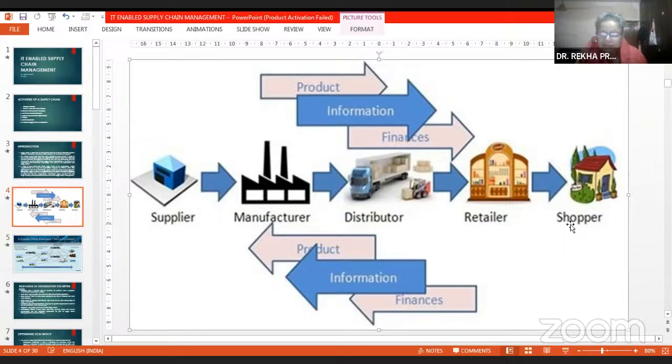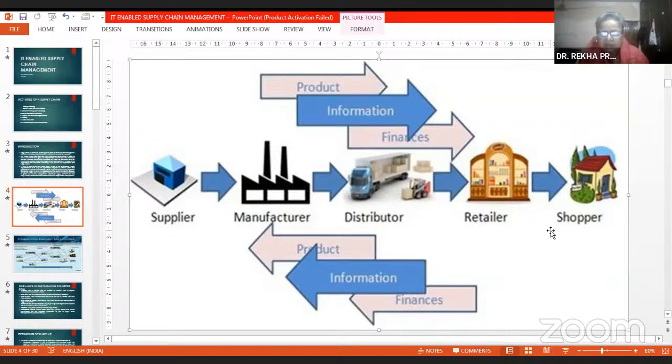Suppose the consumer has certain reservation about the product, he or she has the option to return it, and information is being shared throughout the line.